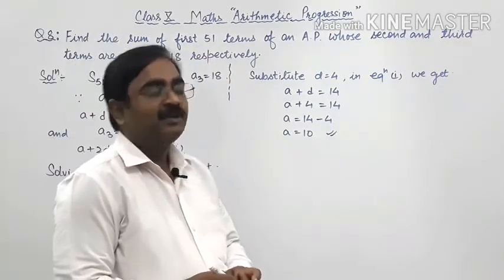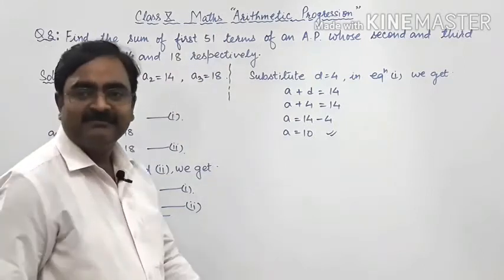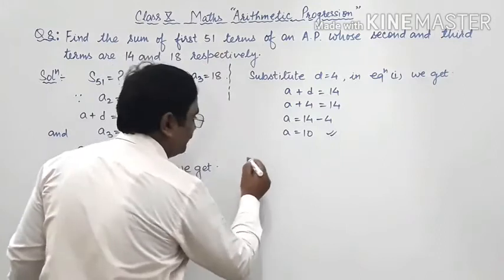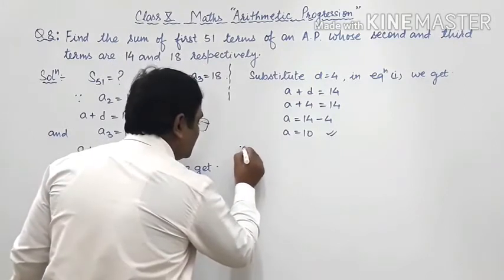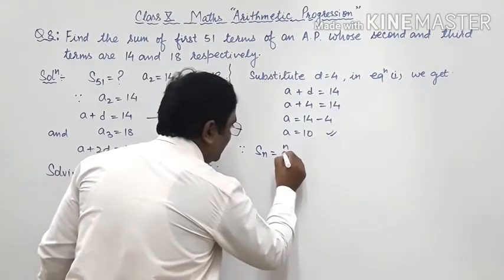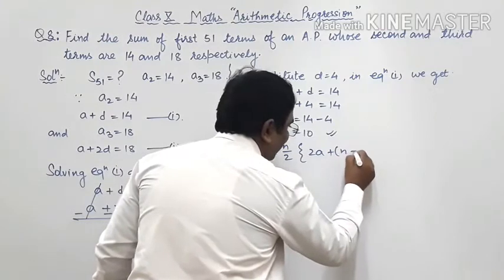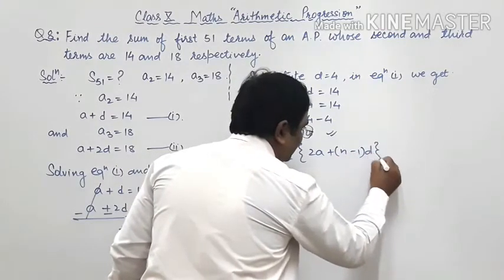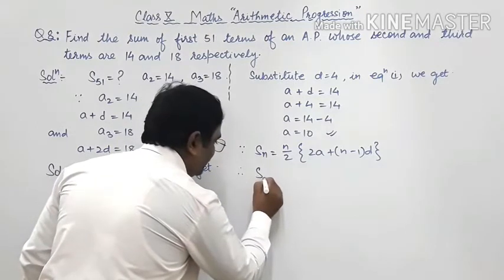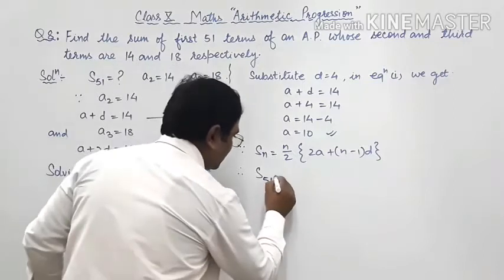Now the question is asking to find the sum of the first 51 terms, so we need to find S51. We know that the formula of Sn is n upon 2 into twice A plus n minus 1 into D. To find S51, n is equal to 51 is to be written here.